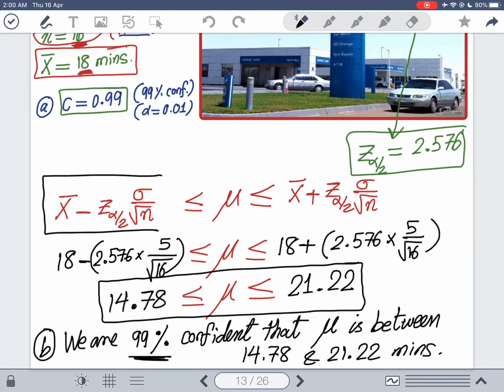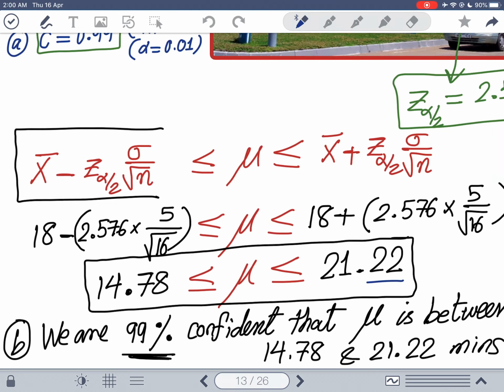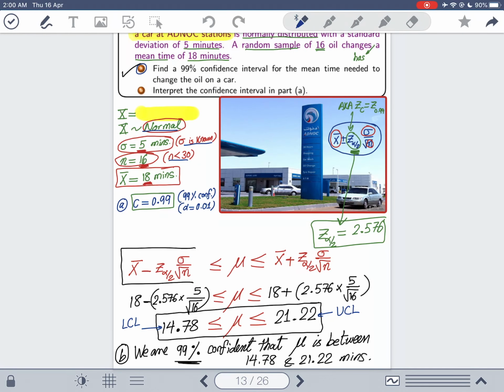Okay, so here also the result tells us that in some sense the maximum amount of time that you would wait is about 21.22 minutes. Remember that the smaller one, we call it the lower confidence limit. The upper one, we call it the upper confidence limit. Just remember this lingo for the confidence intervals.